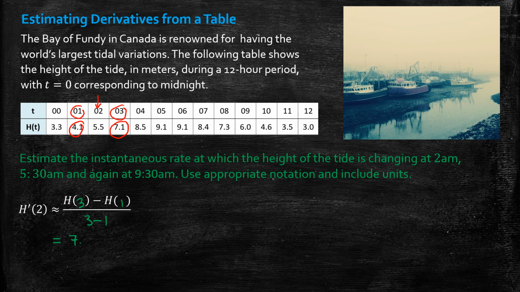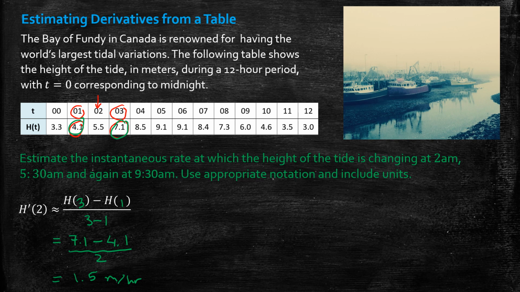At 3 hours, the height is 7.1. At 1 hour after midnight, it's 4.1. The time elapsed is 2, and that works out to be 1.5 meters per hour. That's the rate at which we approximate that it's increasing right at that moment.